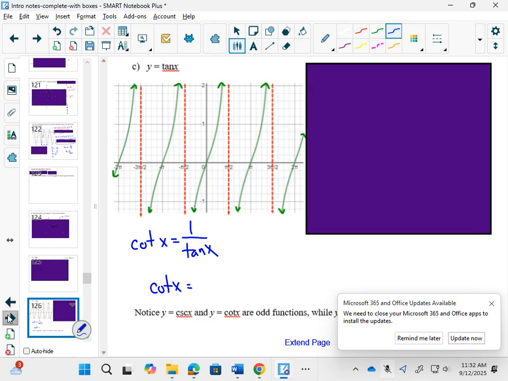Cos over sine. And technically, the graph of 1 over tangent x is slightly different than the graph of cos x over sine x. They seem like they should be identical, but there's a tiny difference in non-permissible values.